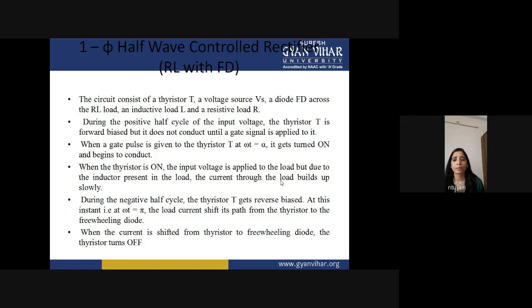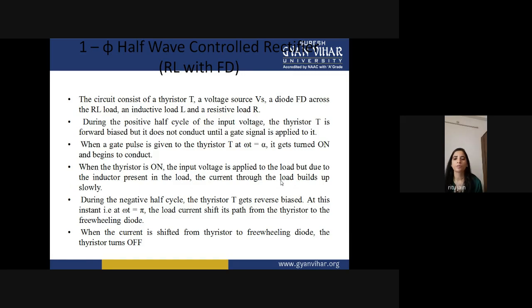Now, when the thyristor is on, the input voltage is applied to the load, but due to the inductor present in the load, the current through the load builds up slowly. During the negative half cycle, the thyristor T gets reverse biased, and at omega t equal to pi, the load current shifts from the thyristor to the freewheeling diode.